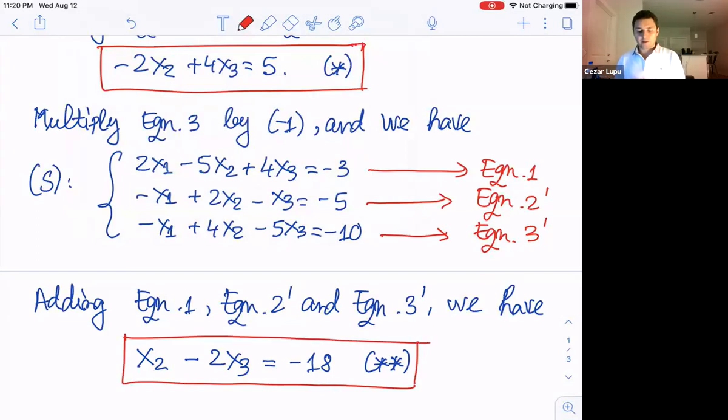And now let's look at these 2 equations. This is very important. Let's rewrite them a bit.